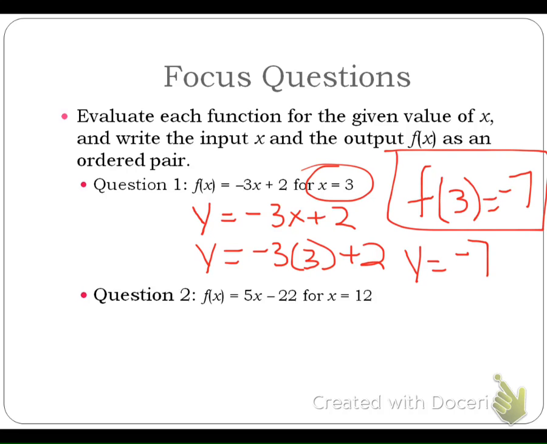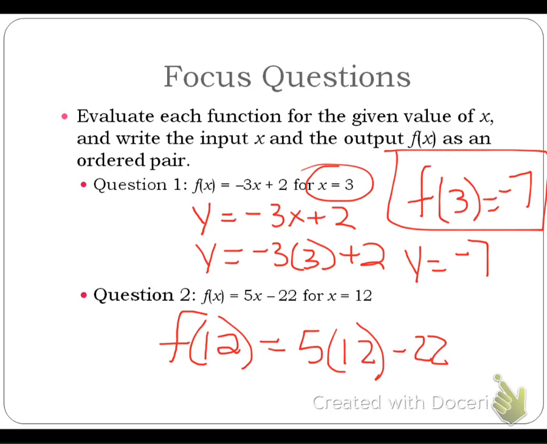Question number 2. F of x is equal to 5x minus 22. And they said you want to evaluate it for the number 12. So the function evaluated for the number 12, so f of 12 is equal to 5 times 12 minus 22.